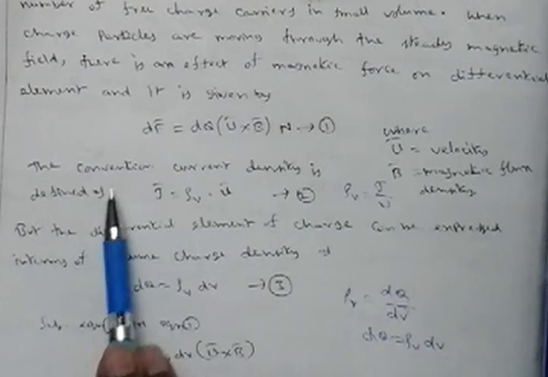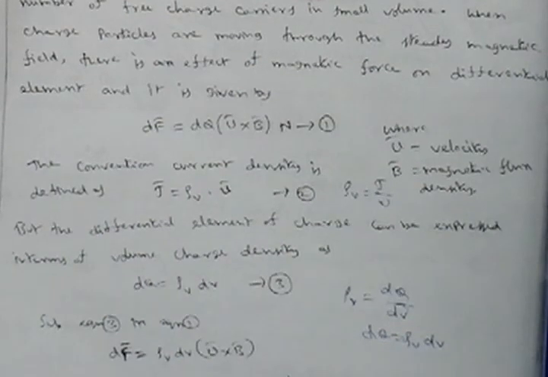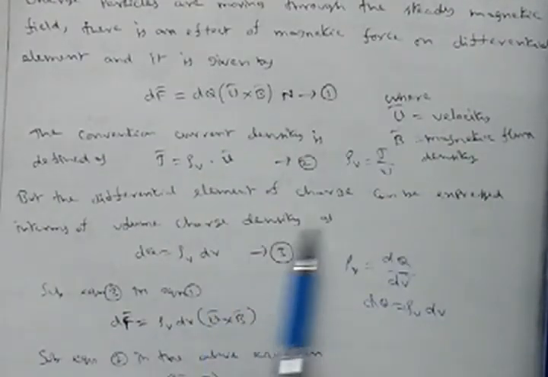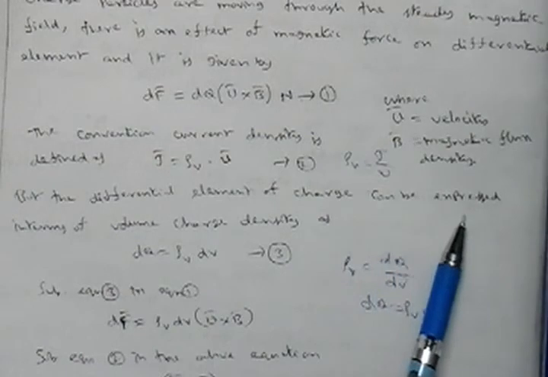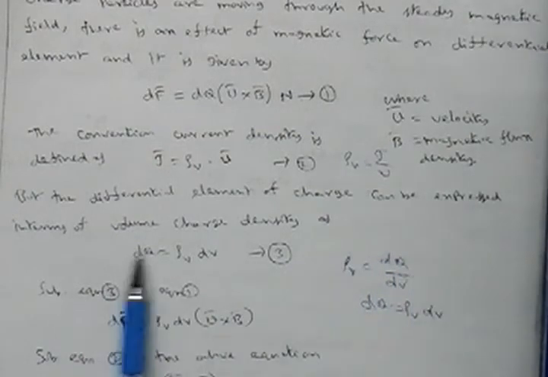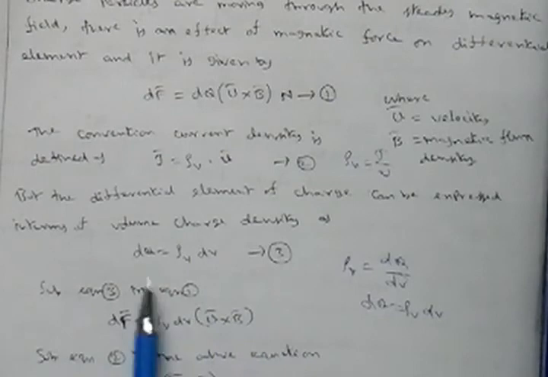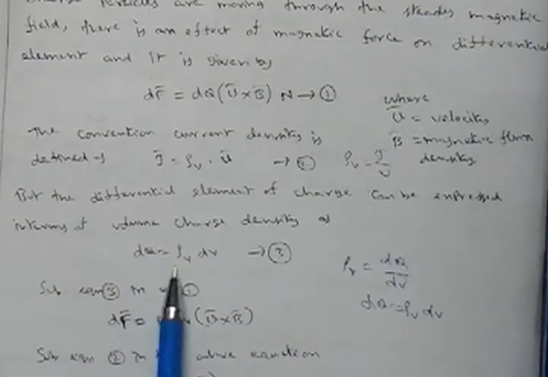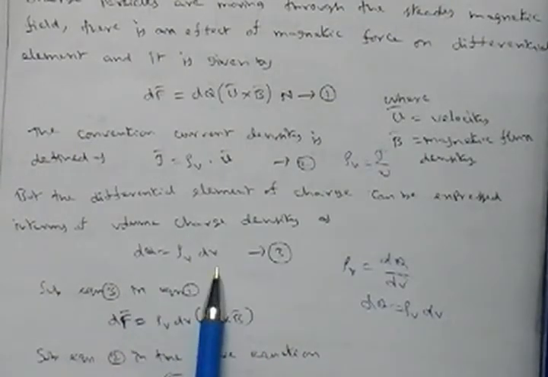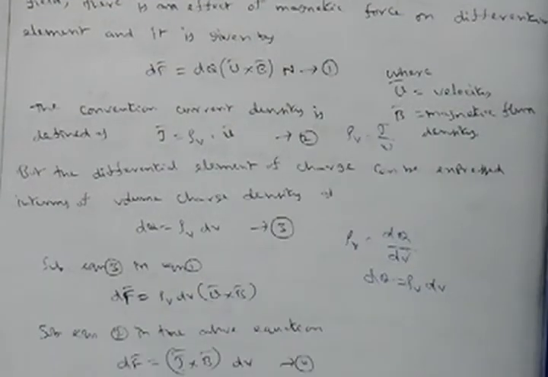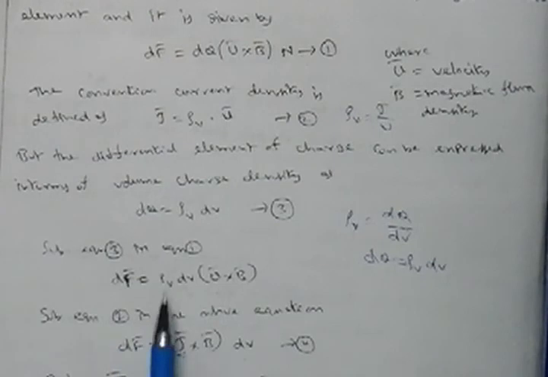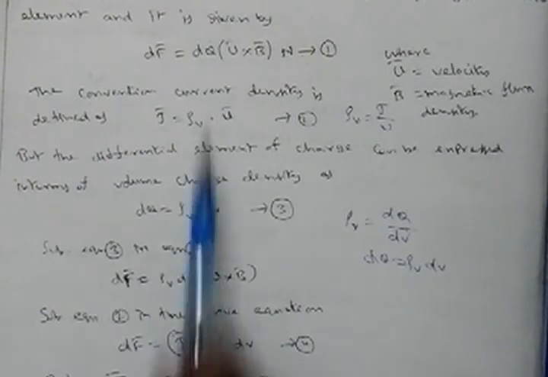J is called the convection current density. The differential element of charge can be expressed in terms of the volume charge density rho V. We know in the earlier module dq is equal to rho V dV. Substitute this in equation 1, then dF is equal to rho V dV, which is nothing but dq, V bar cross B bar.